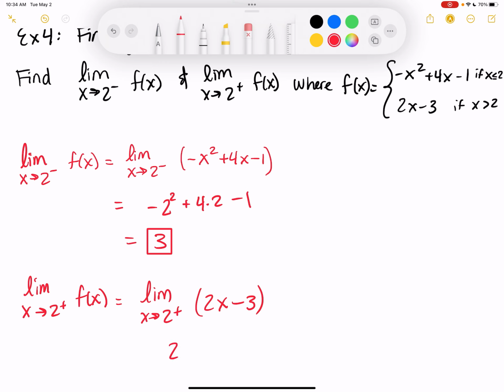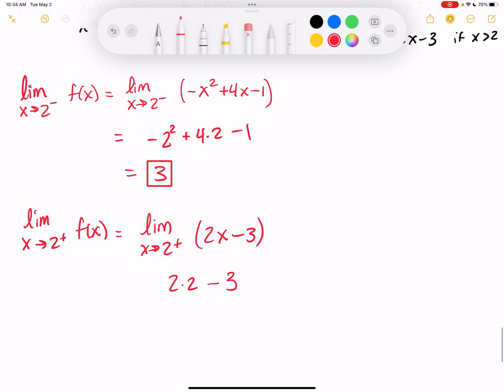Plug in 2. 2 times 2 minus 3 is just 1. So each limit exists, but they're not equal. So the entire limit technically would not exist, but each individual limit does exist. If that makes sense.